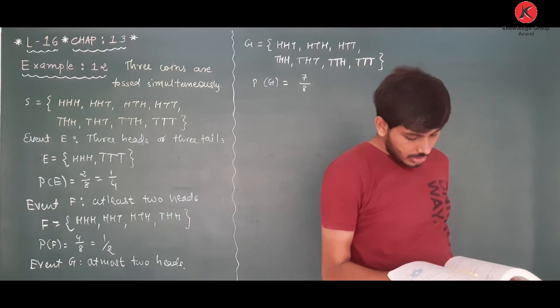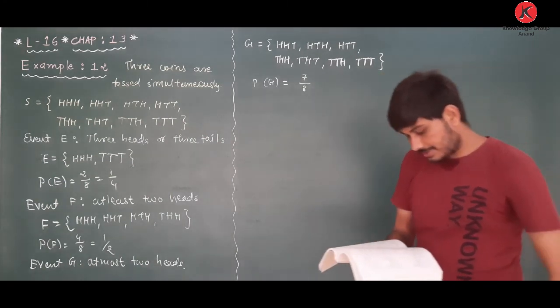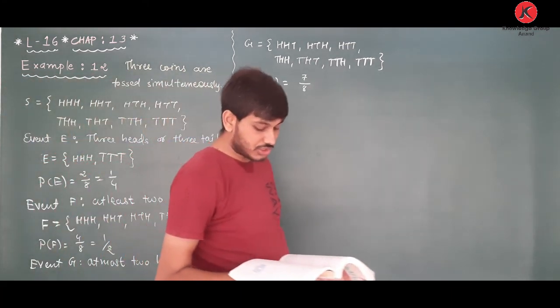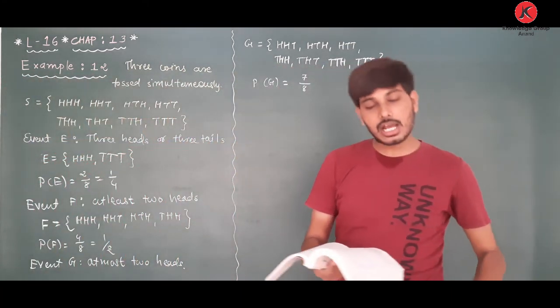Now the question is, of the pairs E and F, E and G, and F and G, which are independent and which are dependent?